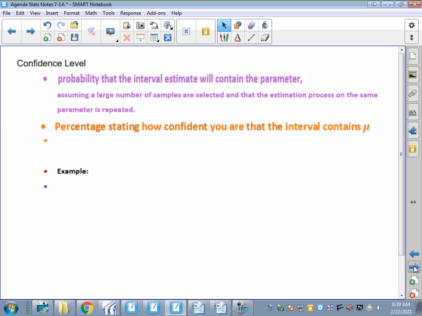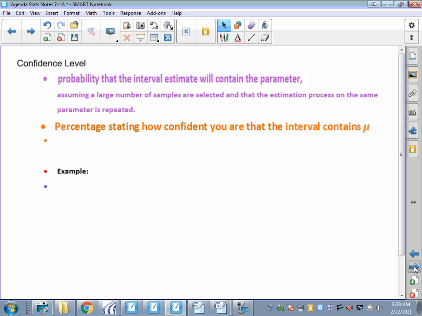So we'll do a lot with 90% confident or 95% confident, 99. We want to be pretty confident, right? This is a probability, so it's a percentage. If it's a probability or a percentage, 95%, if I'm thinking z-tables, I'm looking at 0.9500, right? That's my area under my curve.